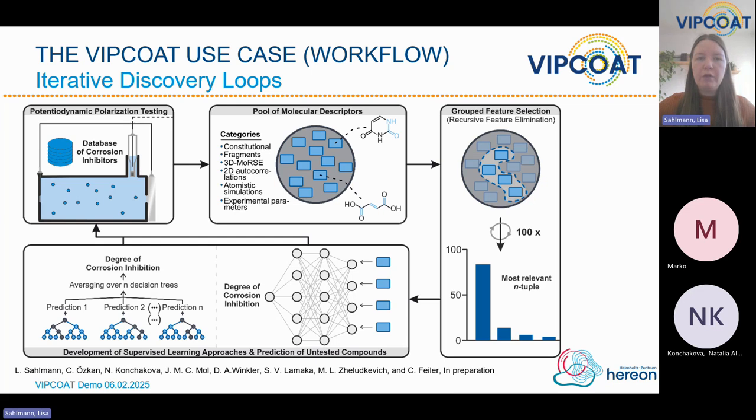So we could not put them all into the machine learning model because they would degrade the model if we put molecular descriptors in there that might not have a relevance to the model target. And so we had to reduce the number of features, which we have done using a technique called recursive feature elimination, which basically means that we take all the molecular descriptors that we've generated and train the machine learning model, in this case a random forest.